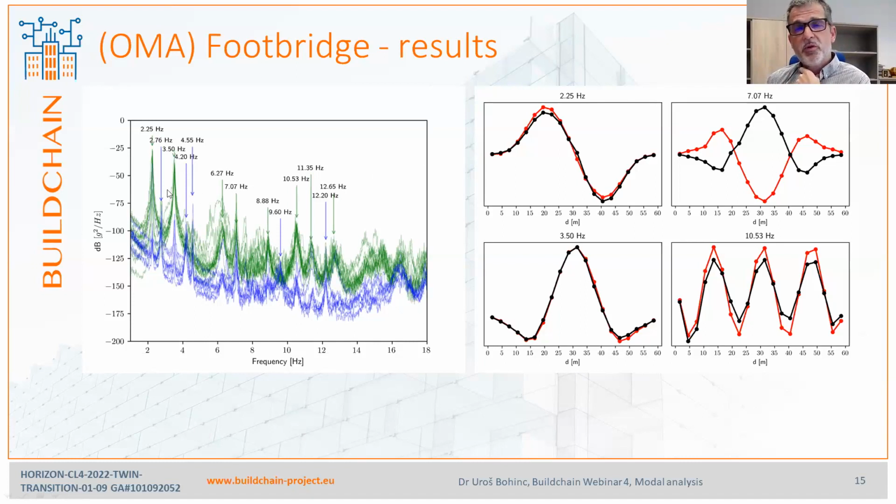So you can see some of the frequencies correspond to horizontal vibrations and the other ones to vertical. We ran a simplified analysis which gave us a basic deflection shape of the first few modes, and here are the results shown on the right.